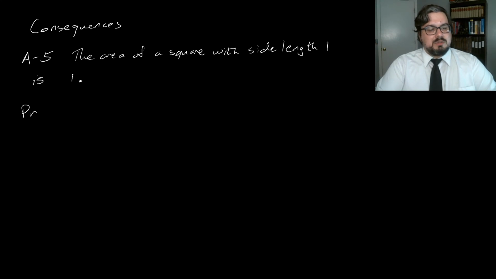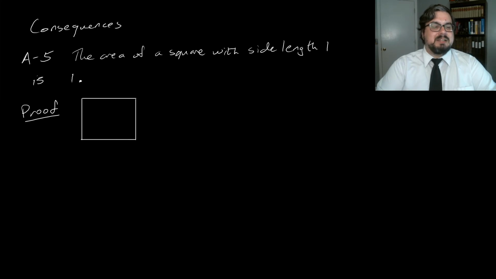So let's prove this, and the proof for this is in the same line of reasoning as we can use to prove the rest of the ordinary formulas for the areas of a parallelogram. Or polygon, sorry. Parallelogram is one of them, but not the only one.